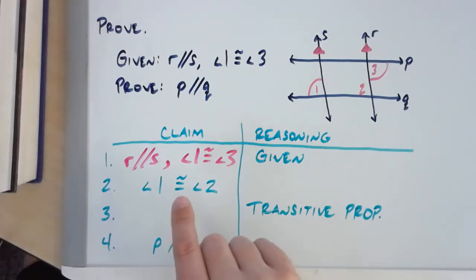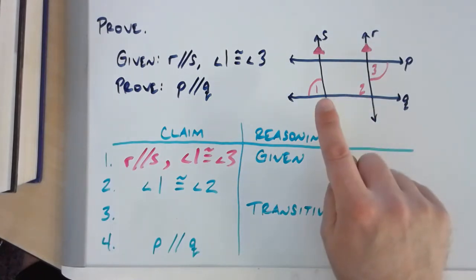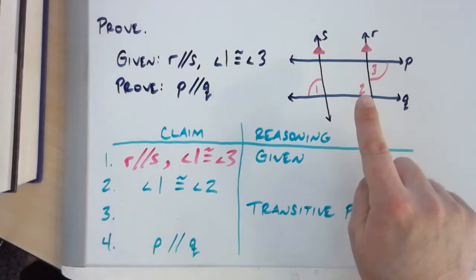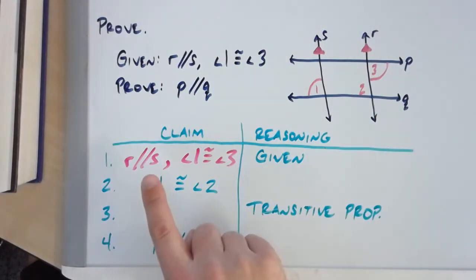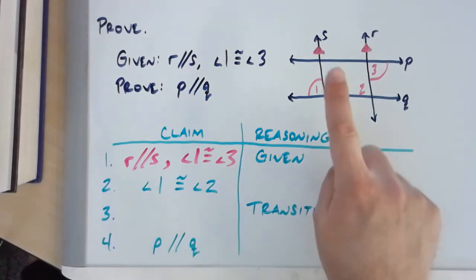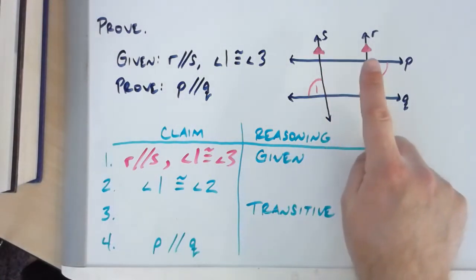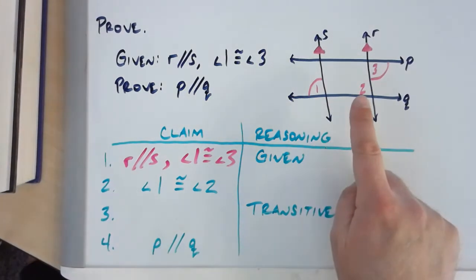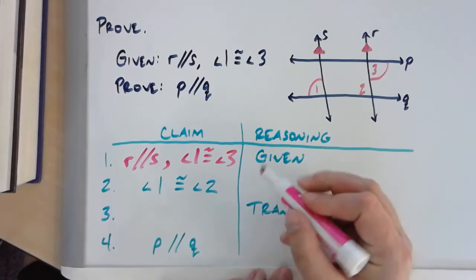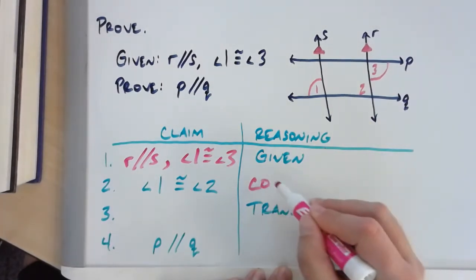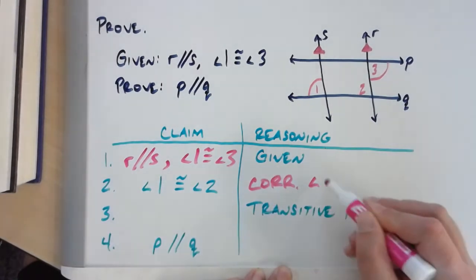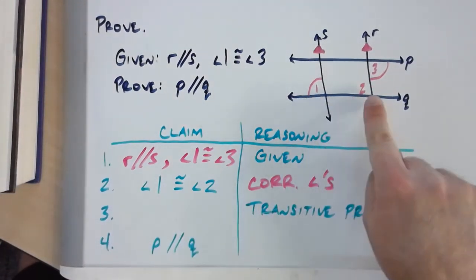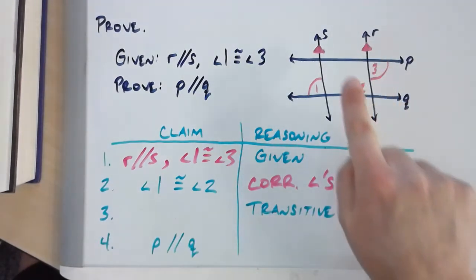The fact that angle 1 and angle 2 have to be the same thing is because R is parallel to S. We started with this. R and S are parallel to each other. Because of that, angle 1 and angle 2 have to be the same. Why? Because they're corresponding, same position, angles. I'm going to abbreviate right there. That's corresponding angles. Angle 1 and angle 2 are corresponding angles when it comes to R and S.